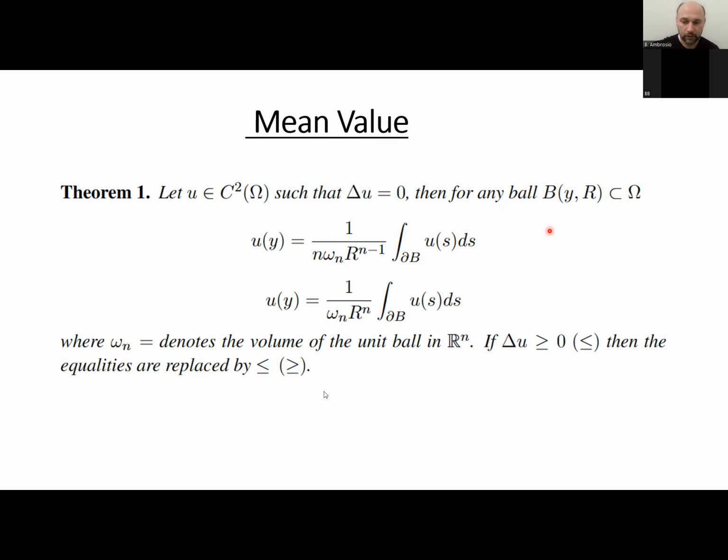So to do that, let's first call M the sup of u over omega, and define the set omega_M as the points in omega such that u of x equals M. Right, so our assumption is there is at least one element, which we call y, in omega.